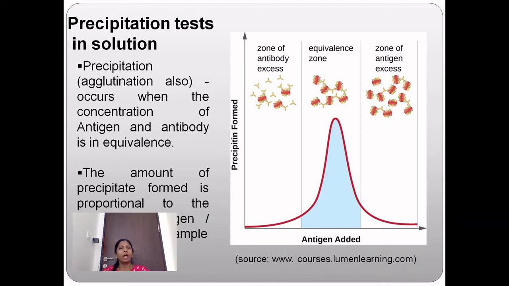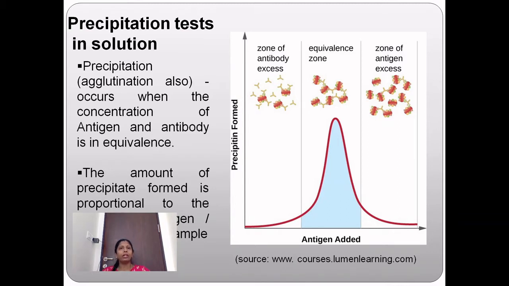Generally, the amount of precipitate formed in these solution reactions is measured by measuring the turbidity or the OD value spectrophotometrically. So, the concentration of antibody is taken on the x-axis and the OD values are taken on the y-axis in case we are measuring the quantity of antibody in the given samples.